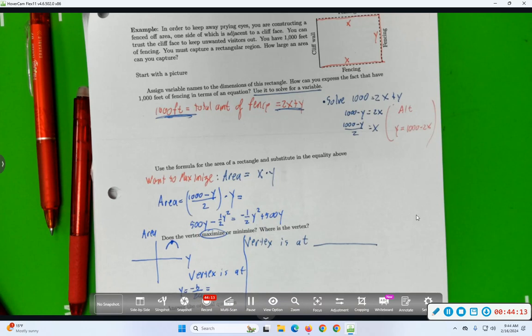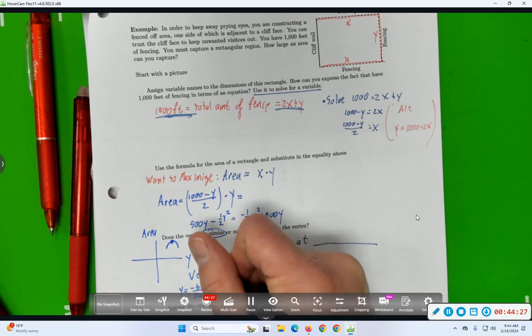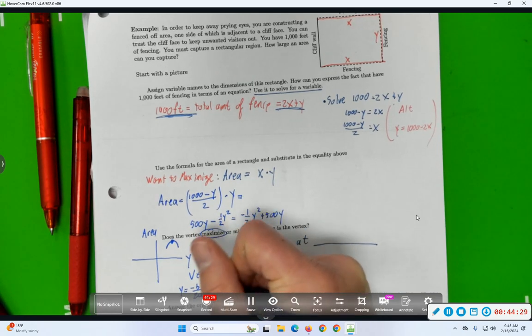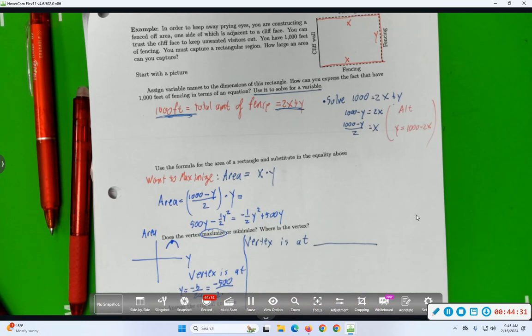And what is the value of y that we have? Well, no, let's do that. So what is b right now? Yeah, say it louder then. 500? So it'll be negative 500 divided by 2 times, what is a? Negative 1/2.